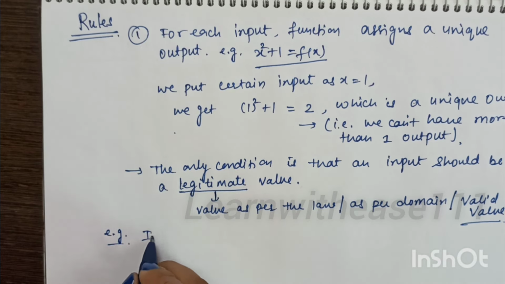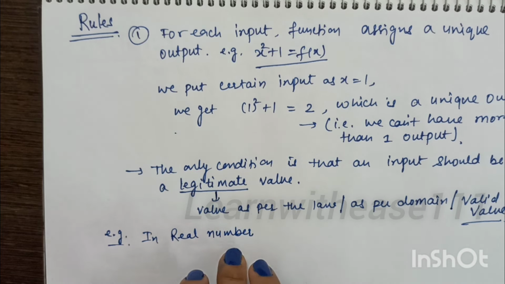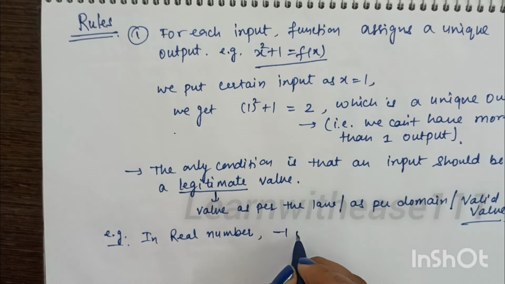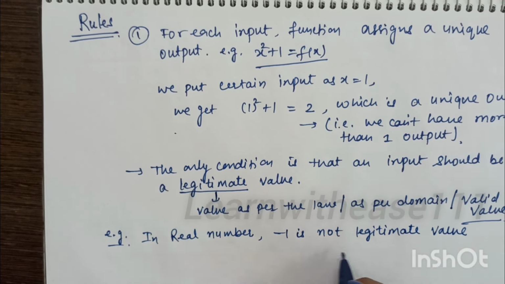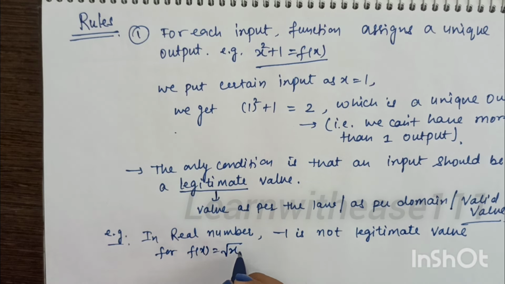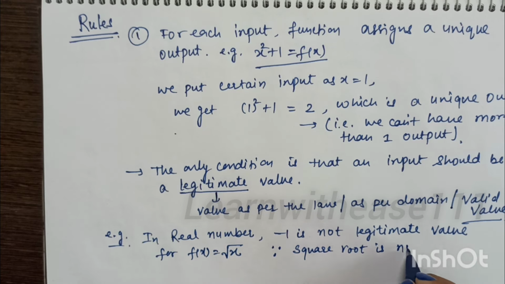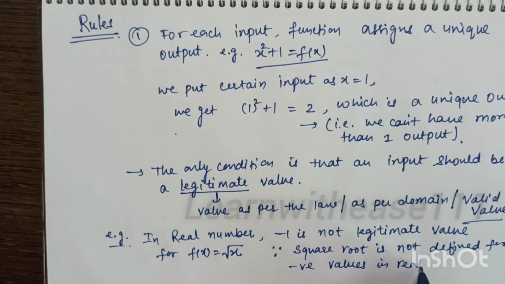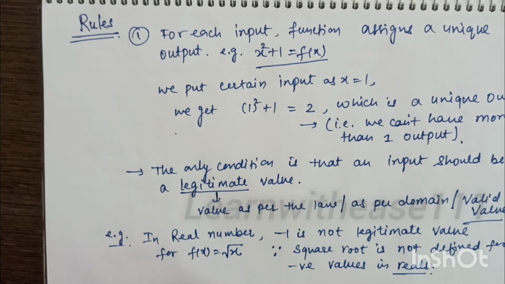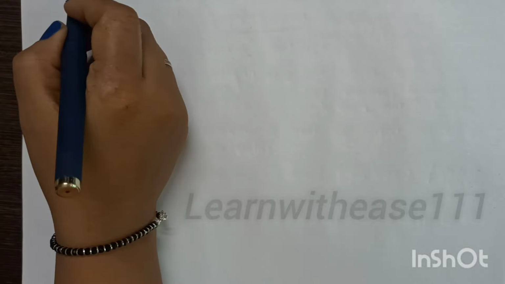So for example, in reals, every calculus function we discuss throughout calculus is in the context of real numbers only. So that is why I'm writing real numbers. -1 is not a legitimate value for the function f of x is equal to root x, because square root is not defined for negative values in case of real numbers. So -1 is not a valid value for this function. So for every function this is different.